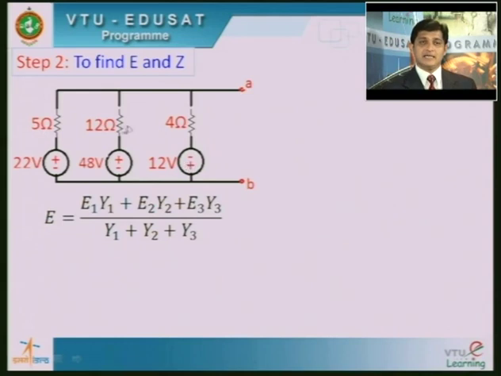Okay, and these are 5 ohms, 12 ohms and 4 ohms. Since we have written the equation in terms of the impedance, let's refer to them as so, but they are all resistances. In place of Z1 you will have 5 ohms, Z2 12 ohms and Z3 4 ohms. But what do we have in the equation? There are Y's, no Z's.